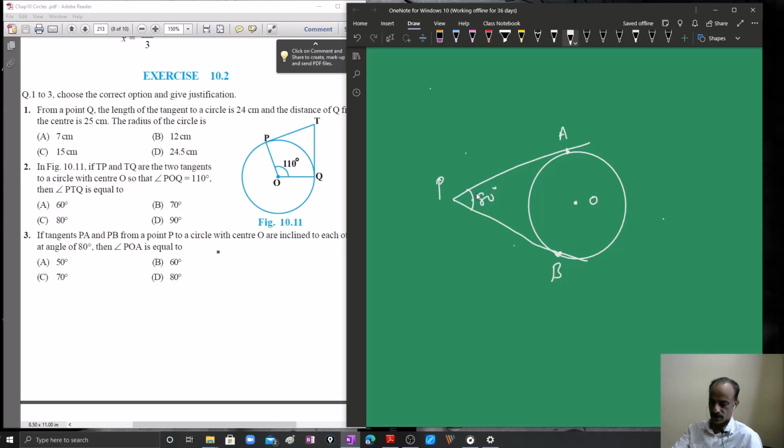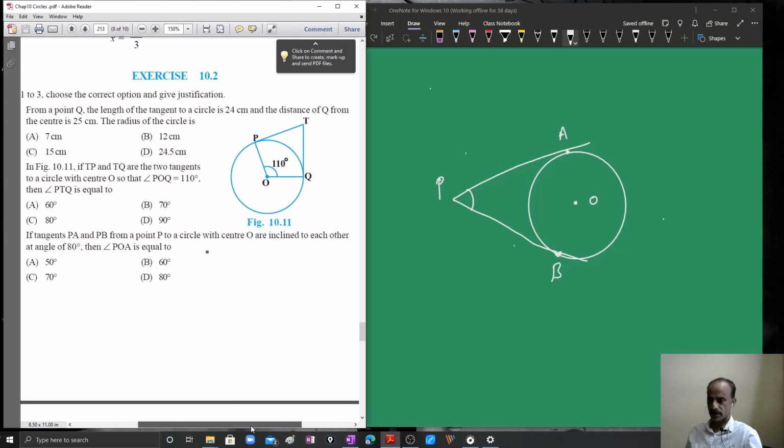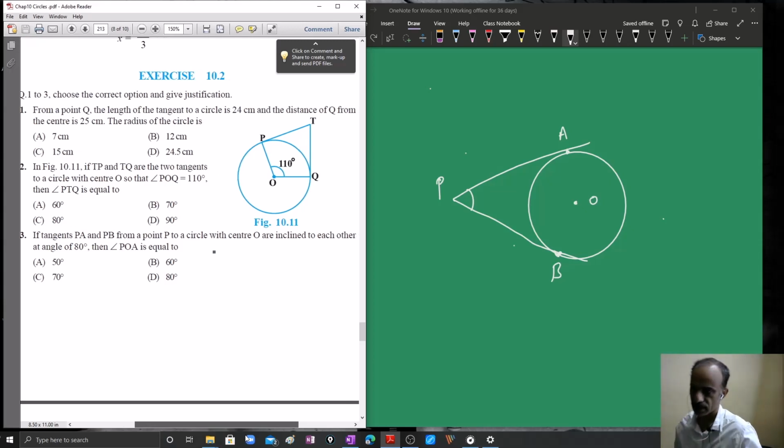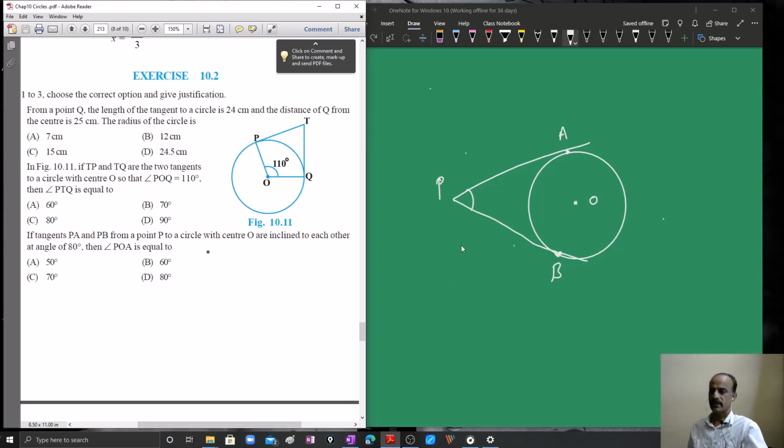So the entire angle APB is 80 degrees. The tangents PA and PB from the point P to a circle with center O are inclined to each other at an angle of 80 degrees.